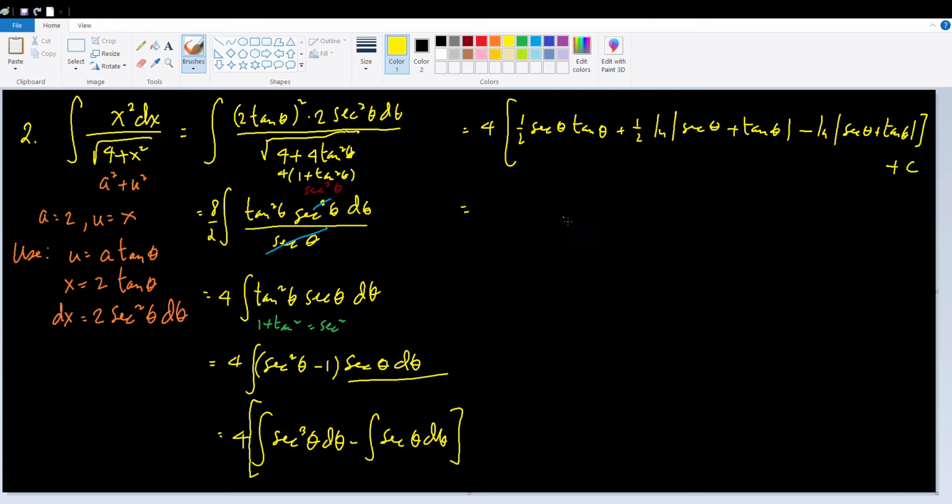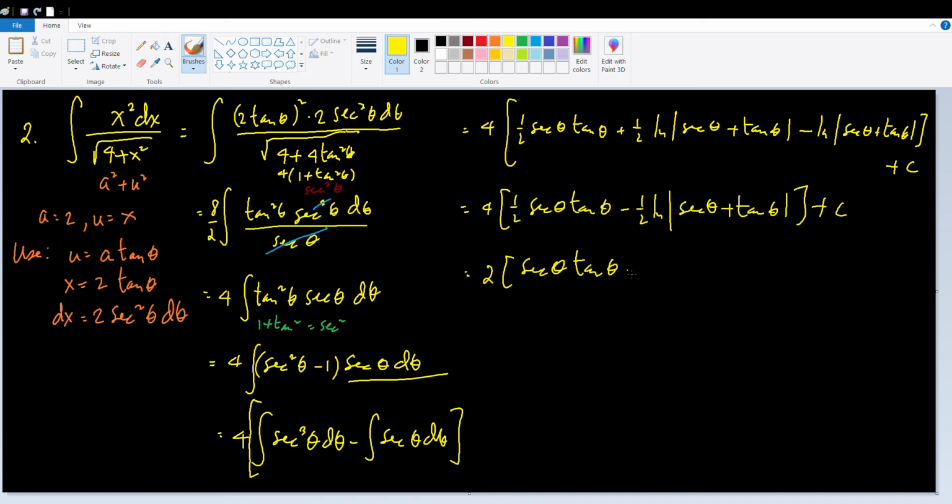So that will be 4 times 1/2 secant theta tangent theta. 1/2 ln minus ln, that will be negative 1/2 ln absolute value of secant theta plus tangent theta plus c. We can factor 1/2, so 4/2, that will be 2. Secant theta tangent theta minus ln absolute value of secant theta plus tangent theta plus c.